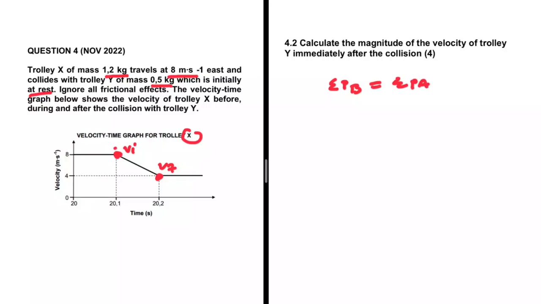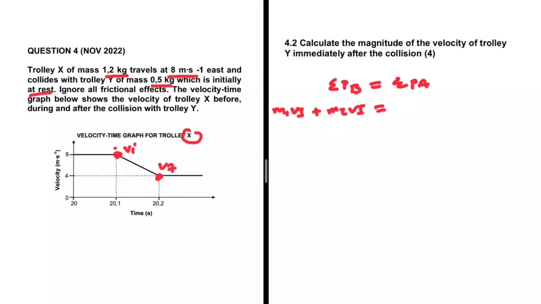We have two trolleys, X and Y, right? So initially, before the collision, we're going to have M1 V initial plus M2 V initial being equal to the sum of the momentum after the collision.